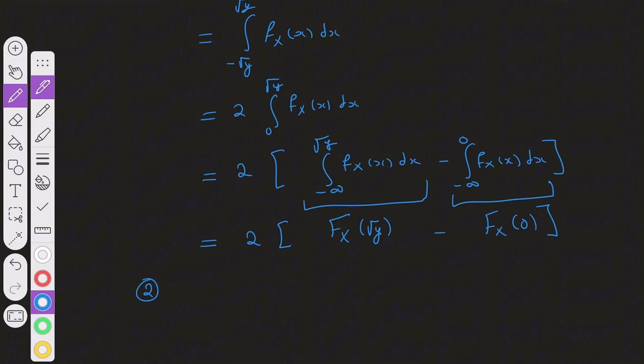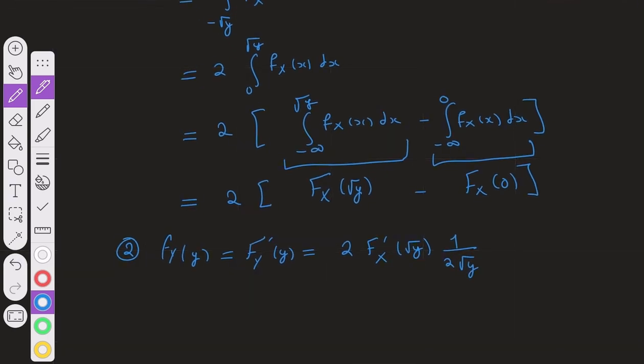Little f sub Y, which is the density of Y at y, is basically just the derivative of big F sub Y at y, and that's just the derivative of this function, because the other part is just a constant, times the derivative of the square root of y, which is 1 over 2 square root of y.